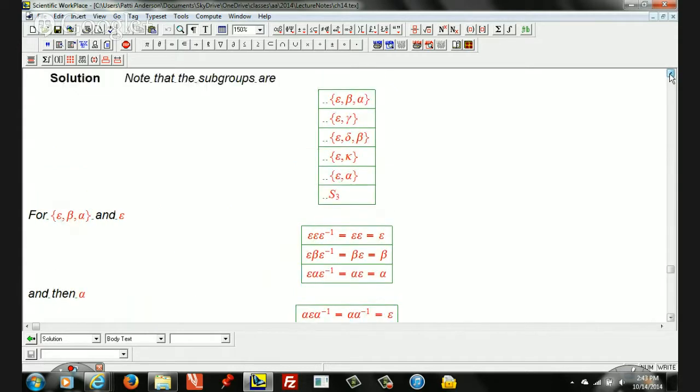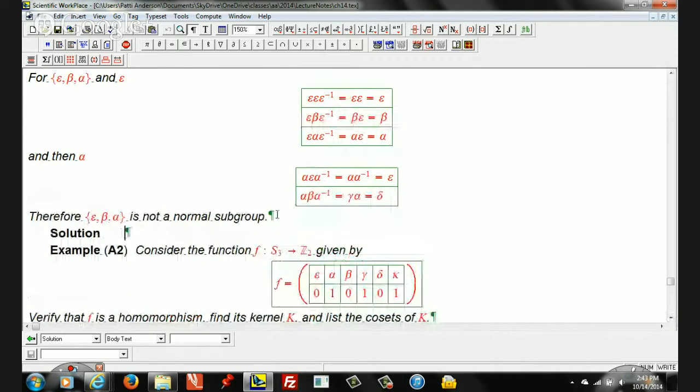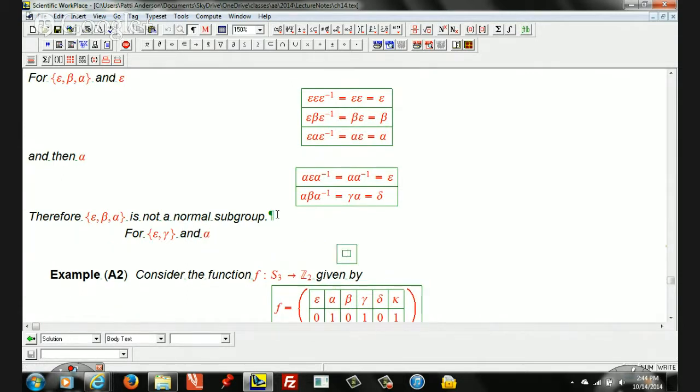So let's actually check the next one, epsilon gamma. For epsilon gamma, we don't need to choose epsilon or gamma. So let's choose alpha and see what we get. I don't need to do it with epsilon because it's always going to work with epsilon. So let's look at alpha, gamma, alpha inverse. What's alpha gamma?